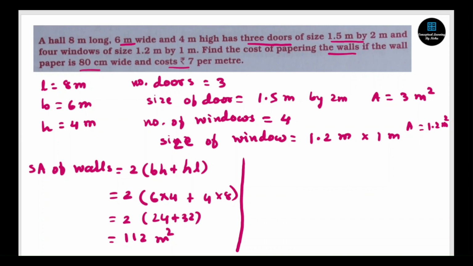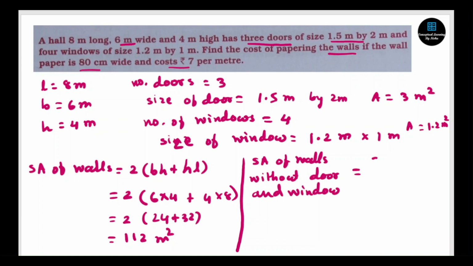So, surface area of walls without door and window equals surface area of wall minus 4 times area of window and minus 3 times area of door.